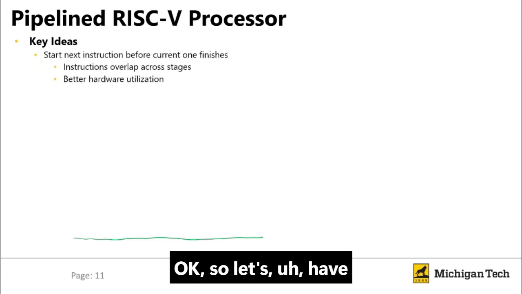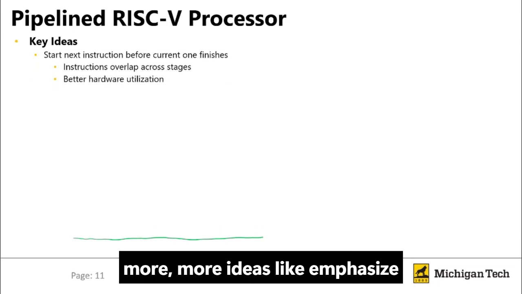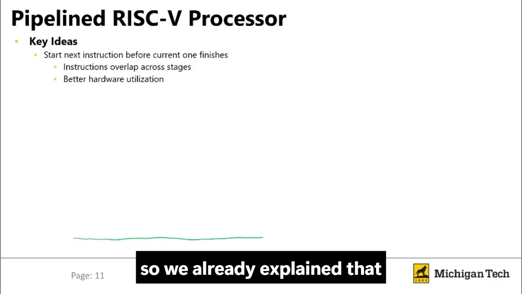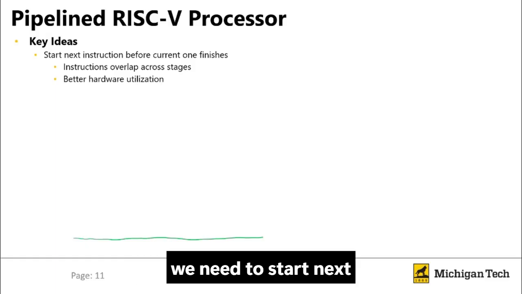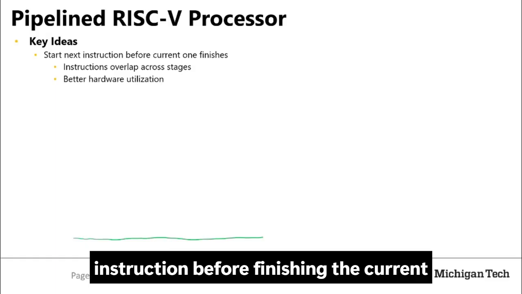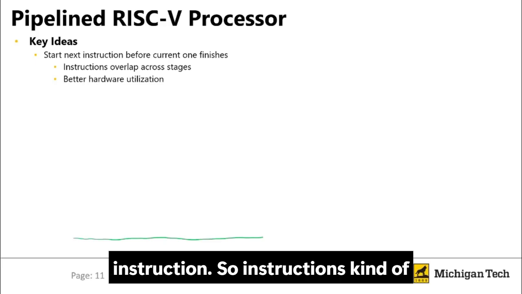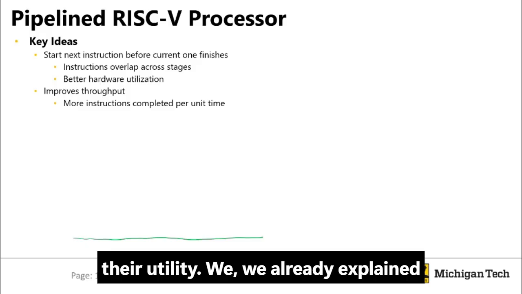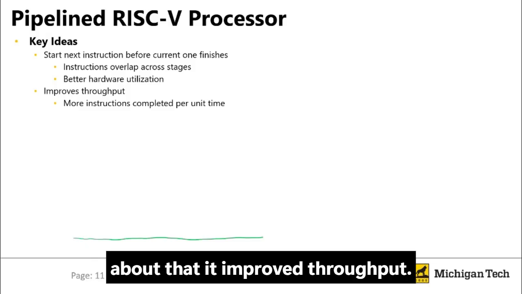Okay, so let's emphasize more. First of all, we already explained that we need to start the next instruction before finishing the current instruction. So instructions are overlapping, and it increased the utility. It improved throughput.